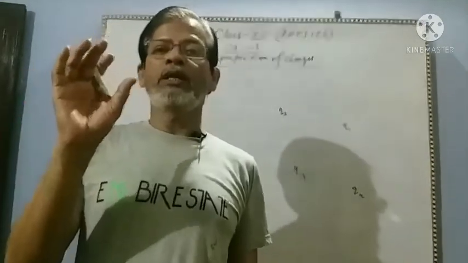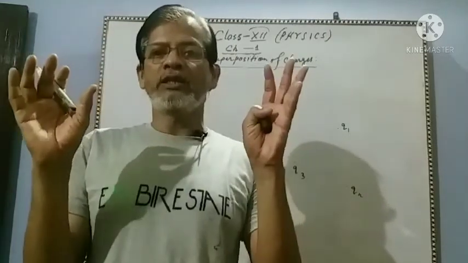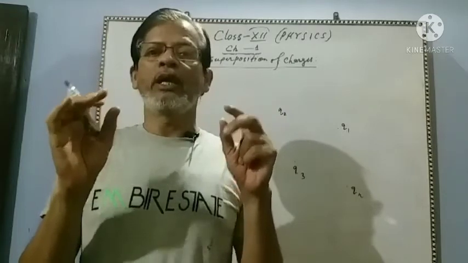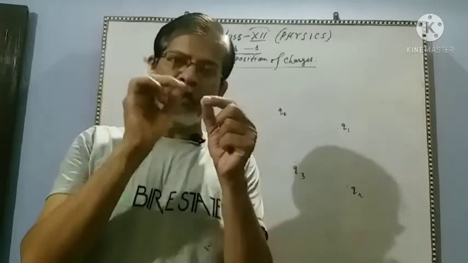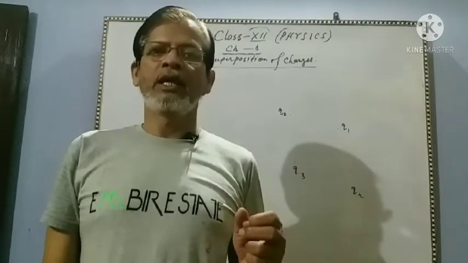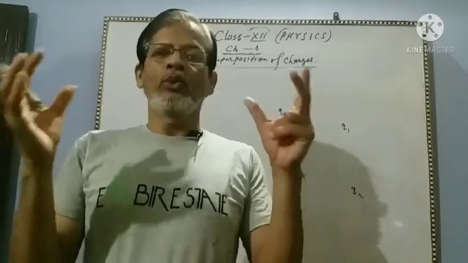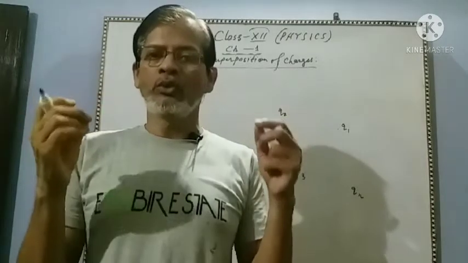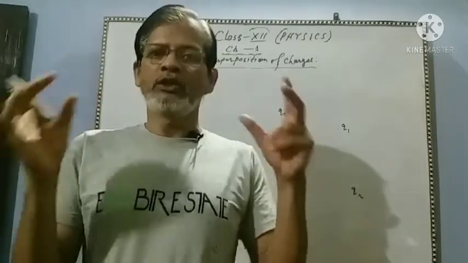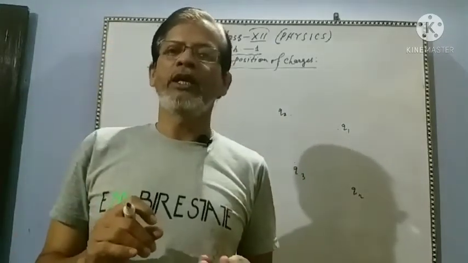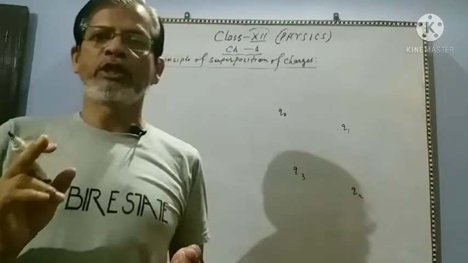We have to take so many charges placed in discrete manner, and we have to calculate the force on a particular charge by the other charges, and then we have to take the vector sum of these forces. This will be the net force on the particular charge, and this is called the principle of superposition of charges.